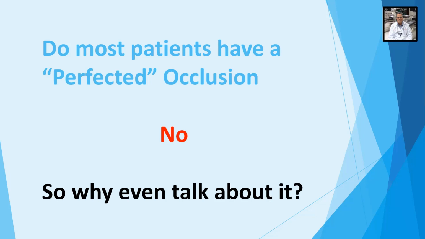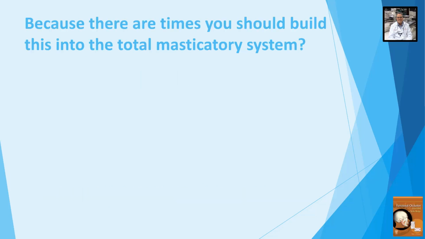Why do we care if it doesn't really exist too much in its natural form? Well, the reason is because there are times you should build this into the total masticatory system. If you remember, we defined occlusion last time as being a harmonious system between the balance of the teeth and muscles in the joint. And there are times that this perfected occlusion can gain value for us.